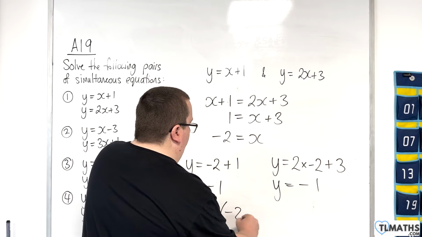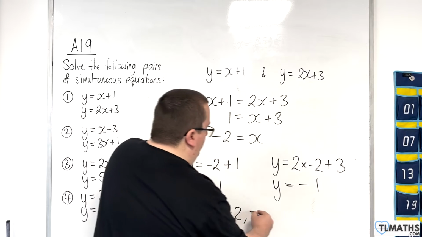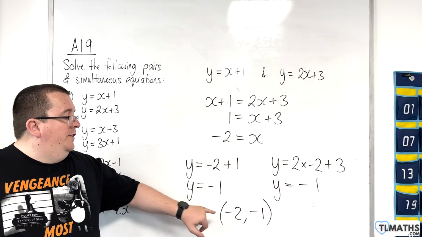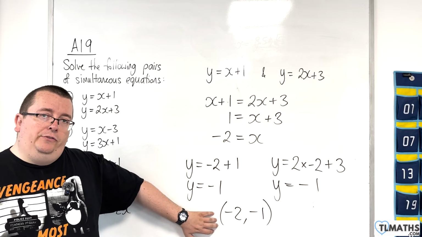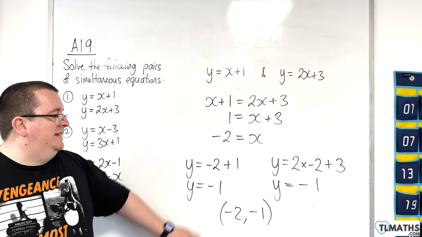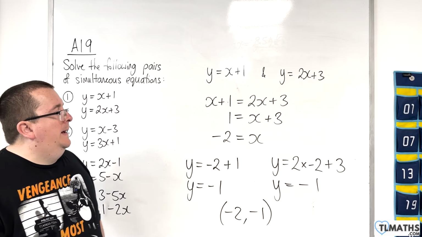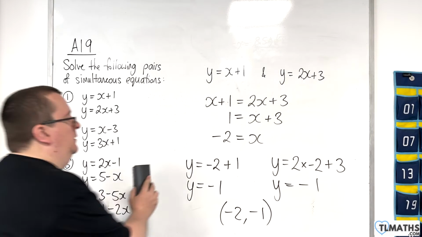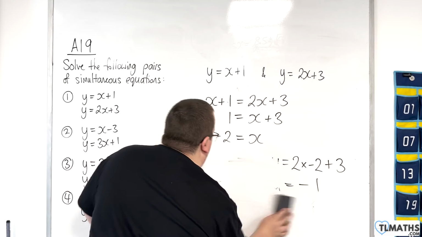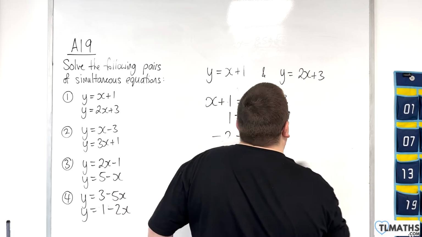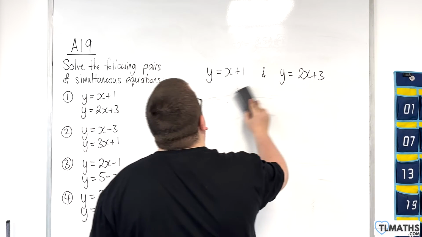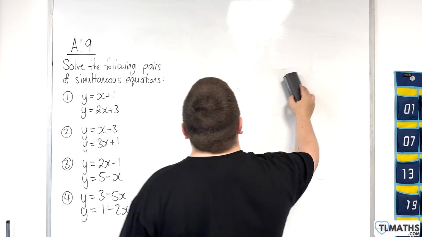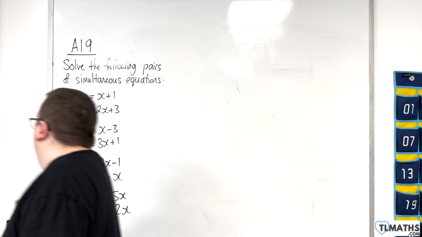So you would have minus 2 as the x coordinate and minus 1 as the y coordinate. So I'm going to finish off my answers by writing it like this. So the graphs intersect at that point, just for ease. Okay, so that's the first one. It took a little bit longer on the first one just to get our eye in so we know what we're doing. So let's see if we can go a little bit quicker on the rest.